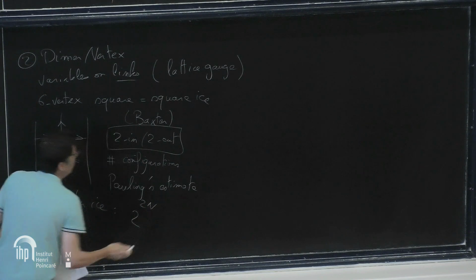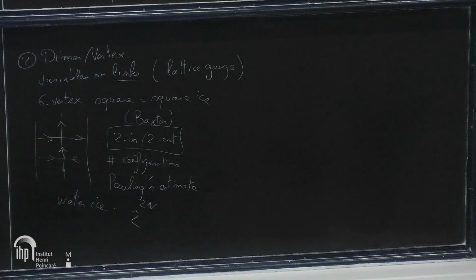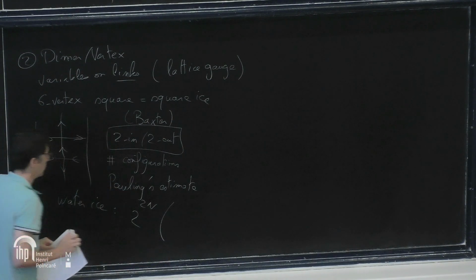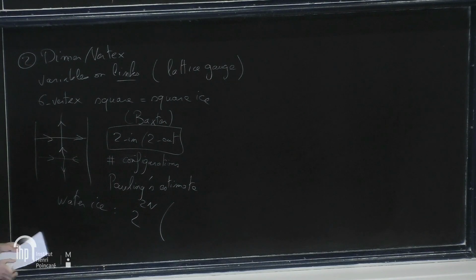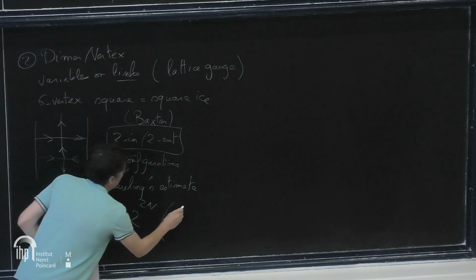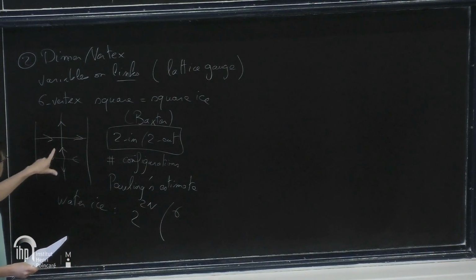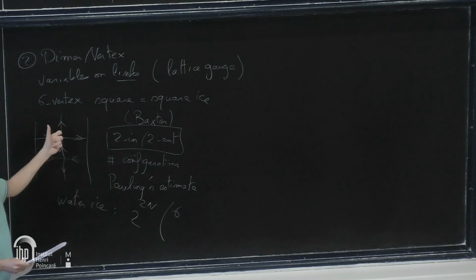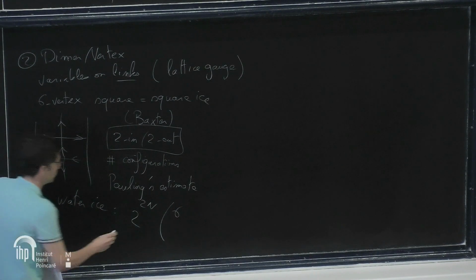So naively, we would expect 2 to the 2n configurations, if I put arrows everywhere. If I suppose that my constraints are independent, which is not controlled, the deflation factor is that I need to keep only 6 configurations, the 2 in, 2 out, out of 2 to the 4, which is 16. Naively, at each site, I have 2 to the 4 configurations.